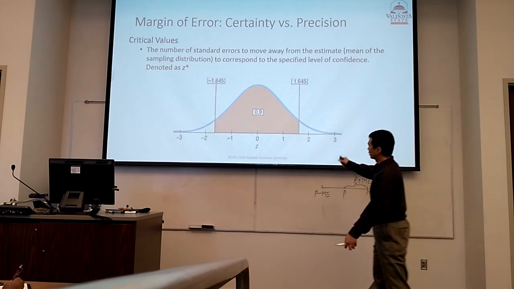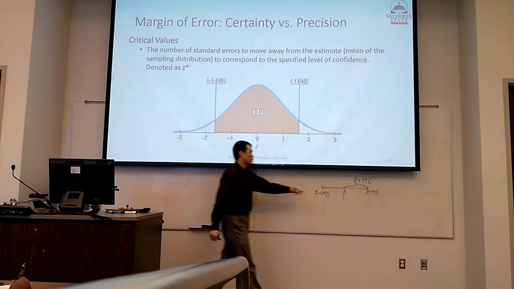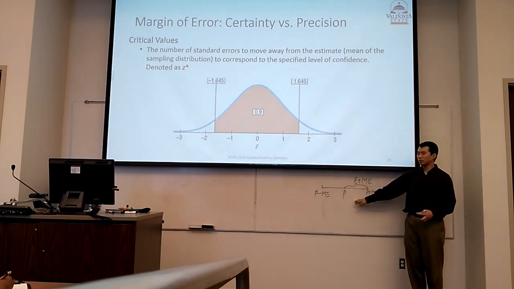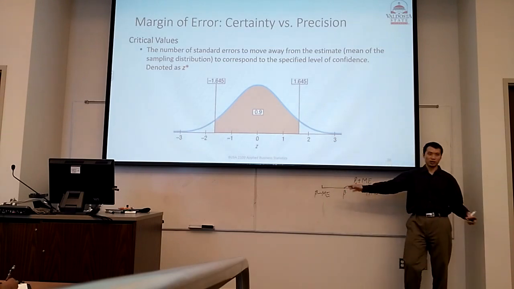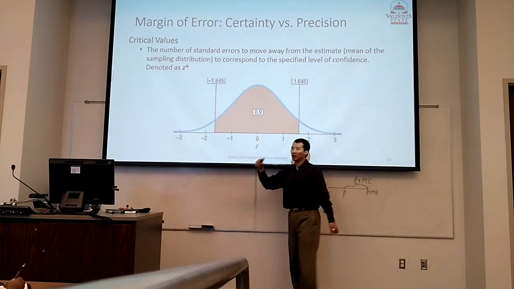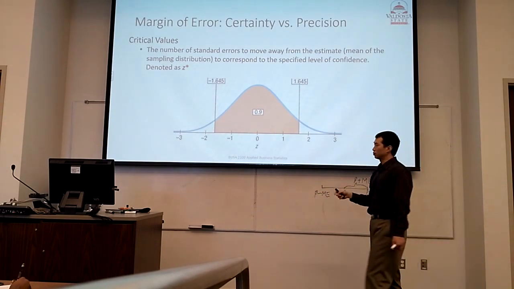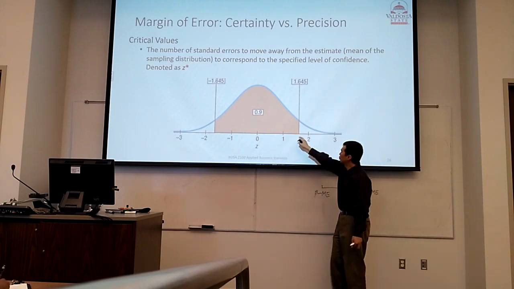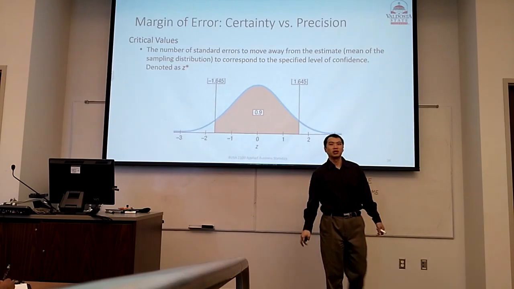We know that we need to have some confidence about this confidence interval. It's not going to be 100% sure that the true population parameter will fall into this interval. So if we want to construct a 90% confidence interval, the corresponding critical value will define 90% of the area.